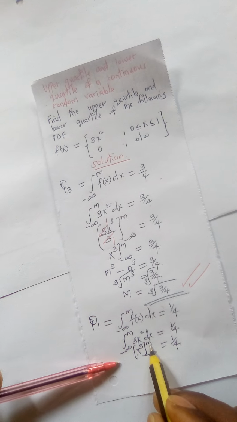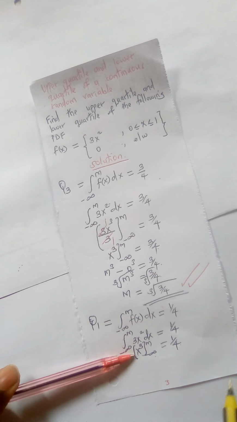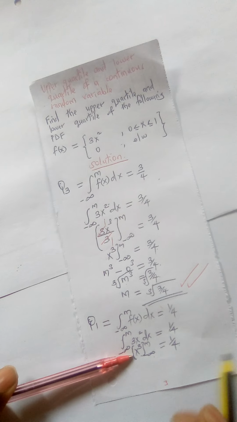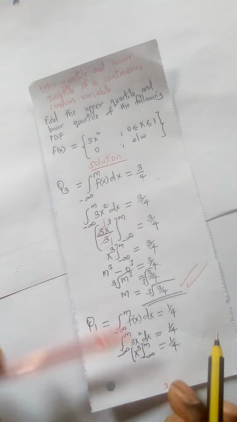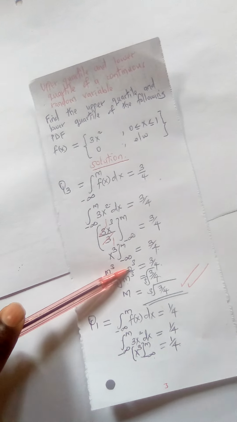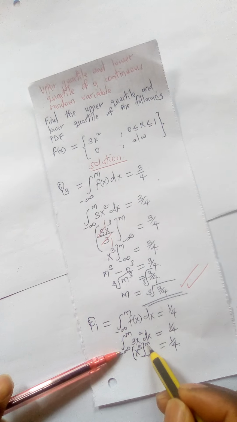The first case you substitute with m, the second case I'll substitute with negative infinity. Because I told you that negative infinity is just 0, when I substitute it here, I'll end up having 0, the same way we ended up having 0 here. So there is no need of even substituting it since you've understood. So I'll just need to substitute with m. So when you substitute x with m, you will end up having m cubed being equal to 1 out of 4.